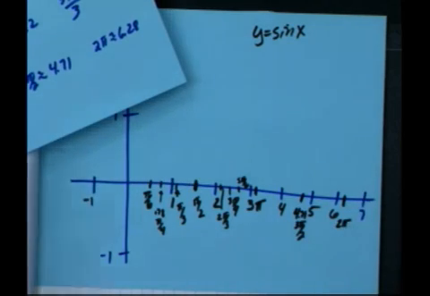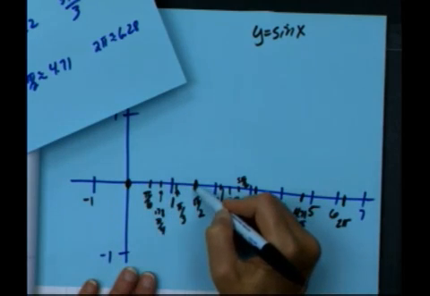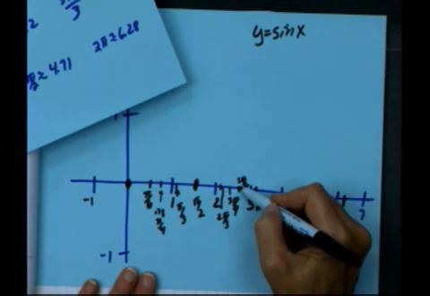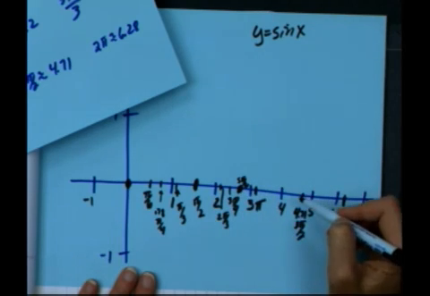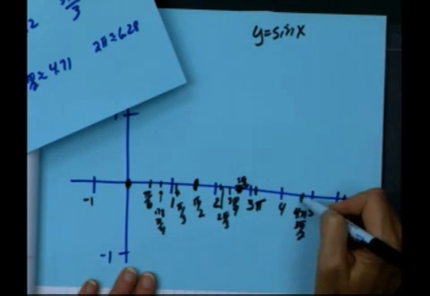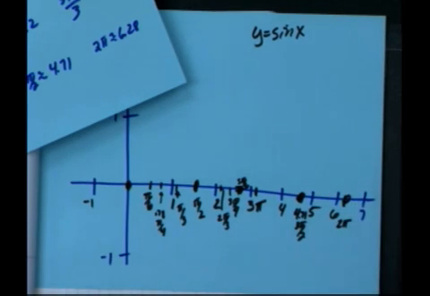All right. So my key points I'm going to be looking at really are 0, pi over 2, pi, 3 pi over 2, and 2 pi. All right, it's looking a little messy, but it was important to me that you saw these are all those radian measure angles stuck along there.